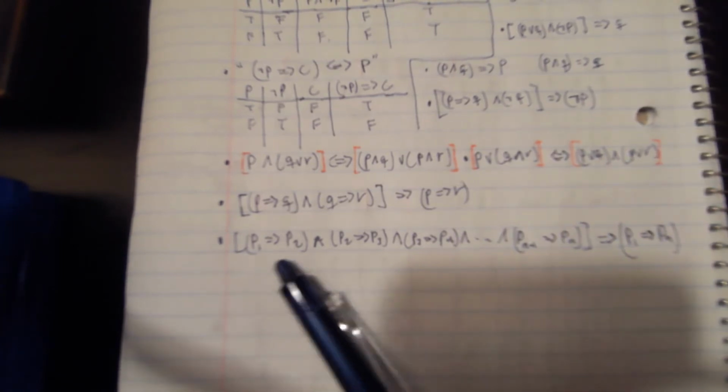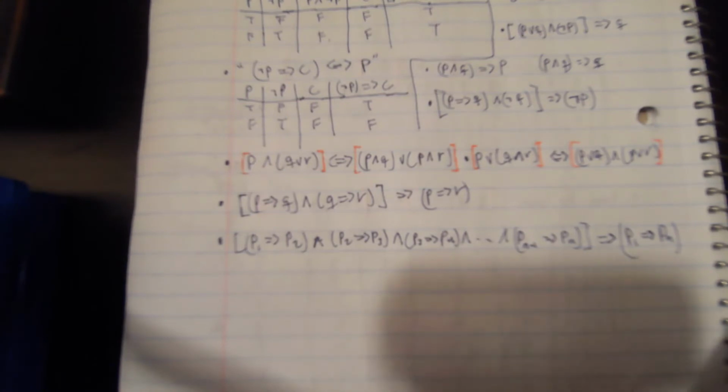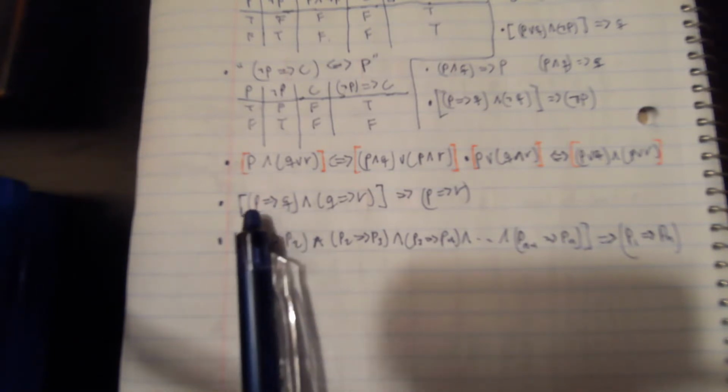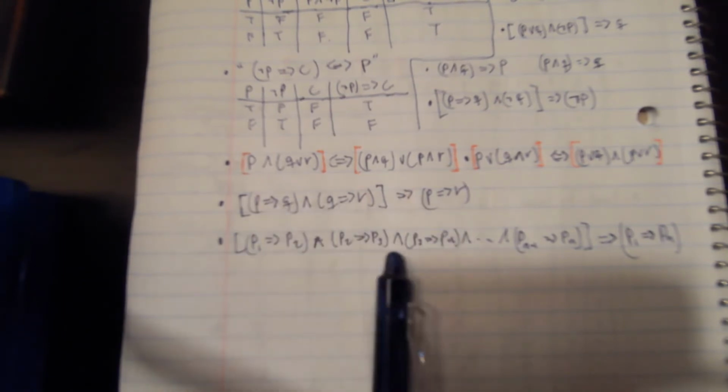Now, in order to prove this big one properly, we will need something called a proof by induction, which is going to be the very last video of this whole series I'm doing about logic and proof. So instead, you should prove this one. If this one makes sense, then you can imagine why the big one should make sense.